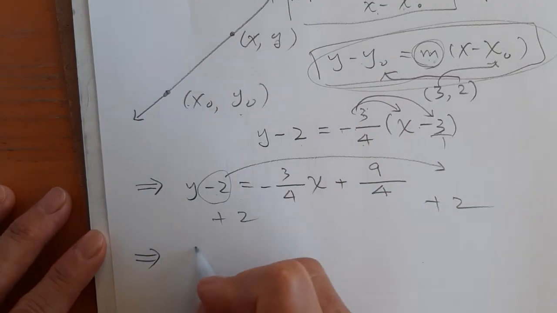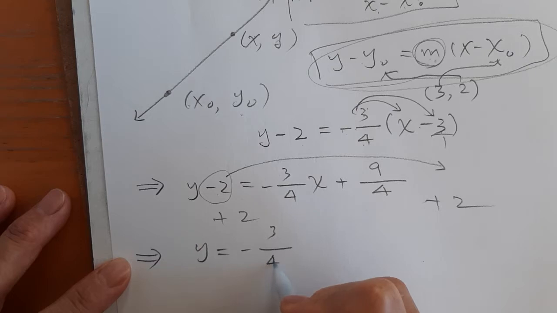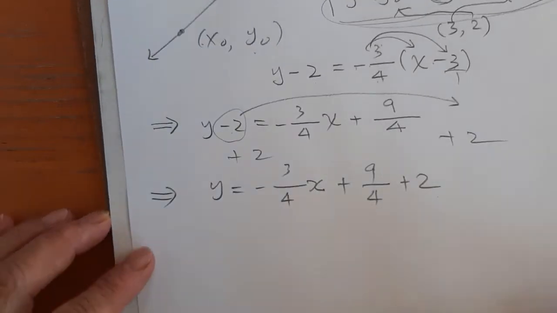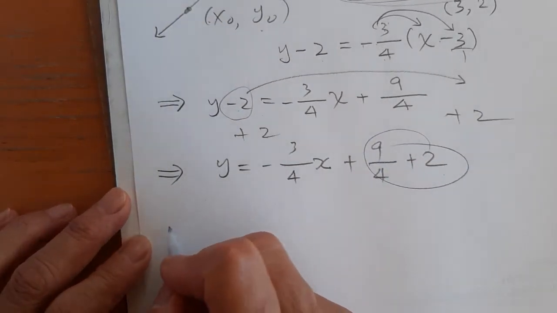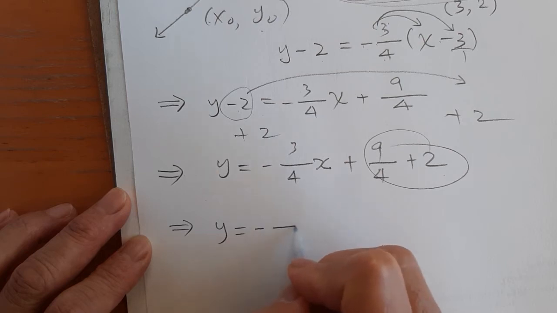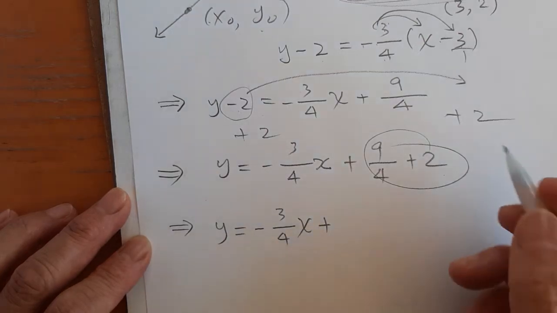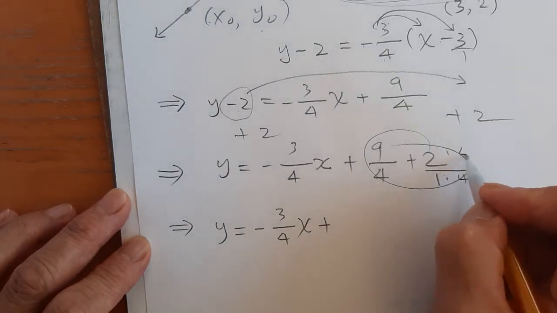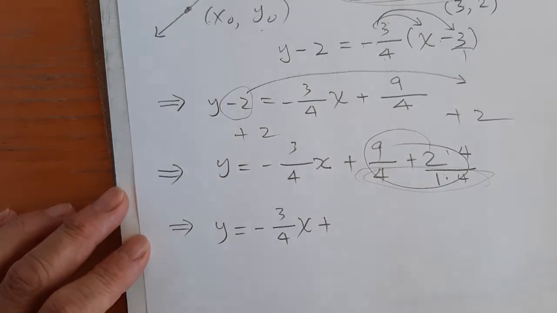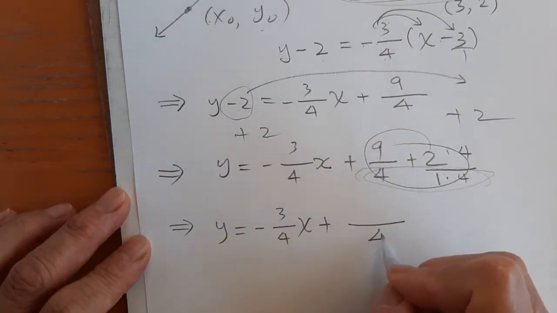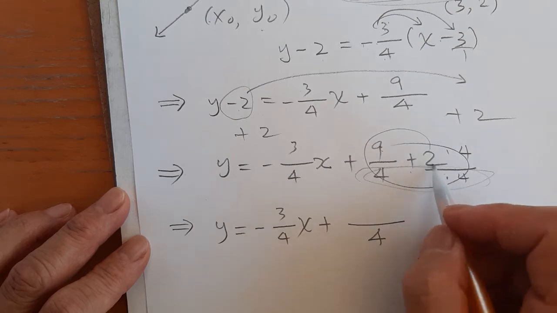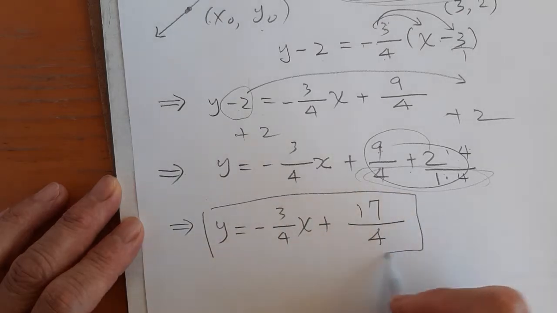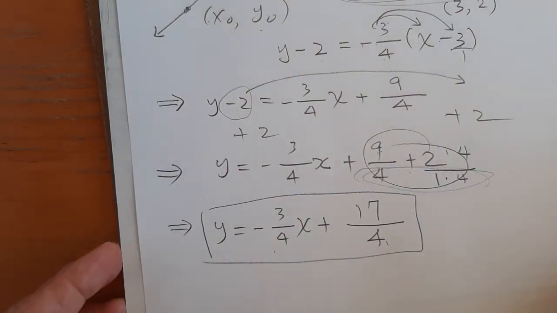So we get y equals negative 3/4 x plus 9/4 plus 2. 2 is 2/1, so you multiply by 4 to make the same denominator, 4. The numerators you can add together: 9 plus 2 times 4 is 8, 9 plus 8 is 17. And that's the answer in slope-intercept form.